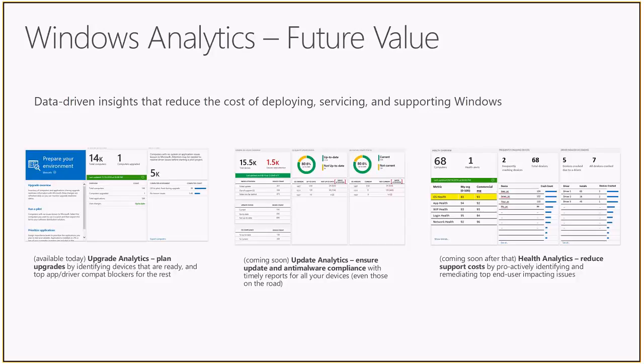Is information protection healthy, is the OS healthy. So Upgrade Analytics and Windows Analytics and Operations Management Suite overall, it's all data driven and gives you a lot more information from where you are today. And once you get there, keep that up and running and ensure the health of your environment.